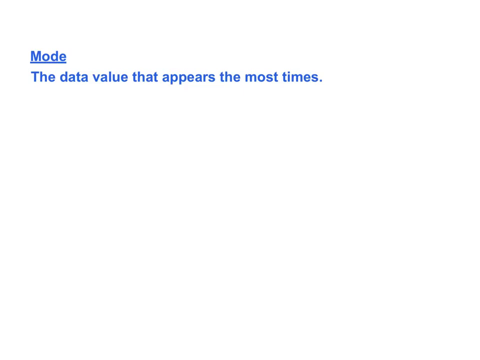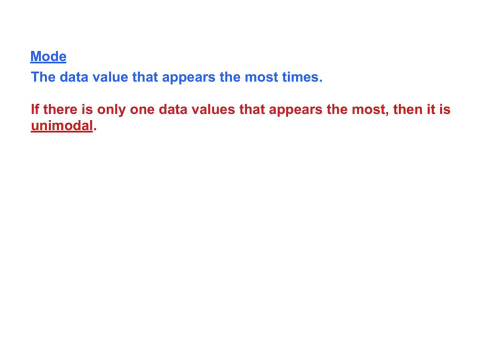Within the mode, there are lots of different cases and terminology that we use. If there is one number, one data value that appears the most times, we describe it as unimodal. So if there's only one mode, then it's unimodal.